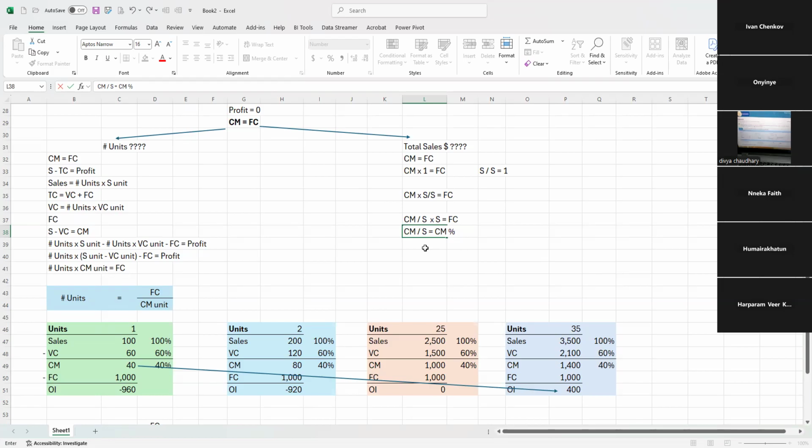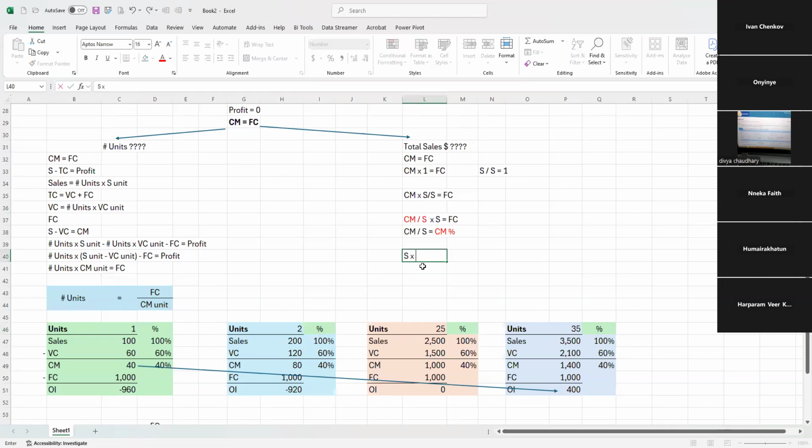Can you see it? How can I get the contribution margin ratio? The contribution margin divided by sales. Once I get the contribution margin divided by sales, that gives me the contribution margin ratio, right? Now let's substitute in this formula the contribution margin divided by sales with the contribution margin ratio, or contribution margin percentage. So what will our formula be now?